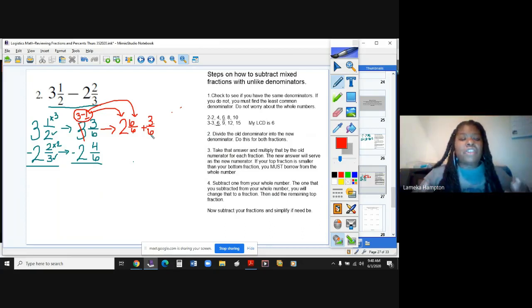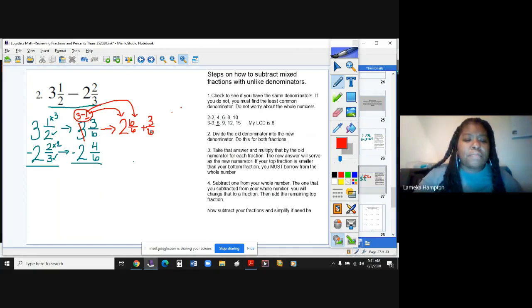So what we actually have here, this fraction 2 and 6 over 6, that's equal to 3, because remember, 2 plus 1 gives me this original 3. And I just added the 3 over 6 to it. So in essence, you can think of this as an expanded, stretched out way of writing 3 and 3/6.